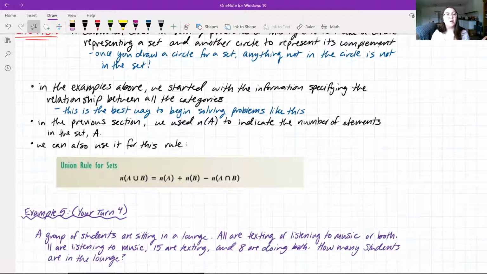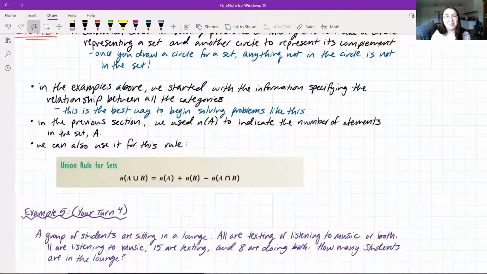And when we write out our unions, or the sets that come from taking the unions of other sets, we don't rewrite values that are in both. So this union rule makes sense because you're taking the elements in A and the elements in B, and you're subtracting the ones that they share. So essentially, by subtracting the ones that they share, you're subtracting the duplicates.